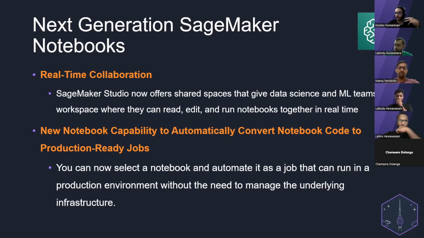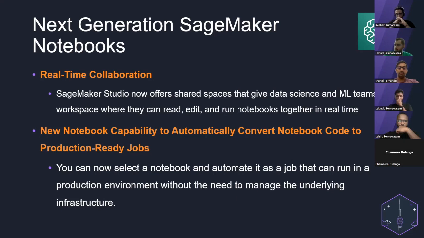That means multiple people can work on the same Jupyter Notebook, and they can all run and see the same code. It's very useful for teams that are building complicated models and need a lot of people to work on the same model. So that's a really good addition by the SageMaker team.